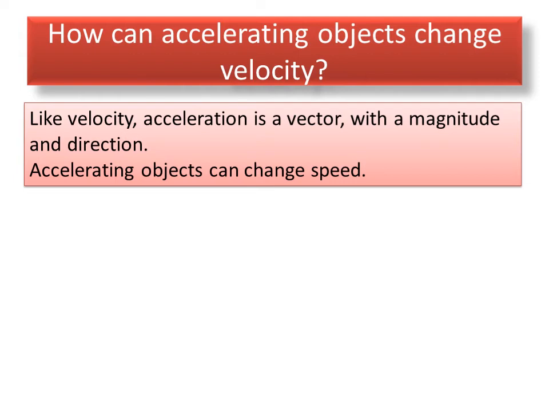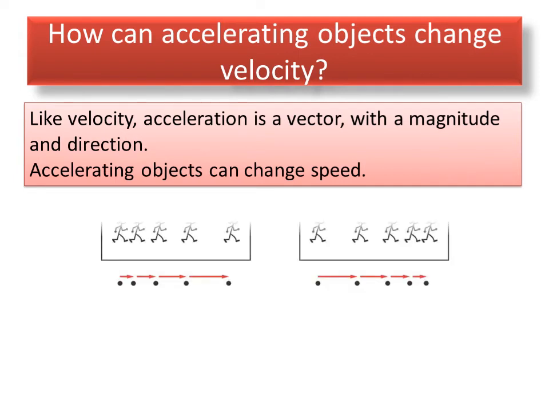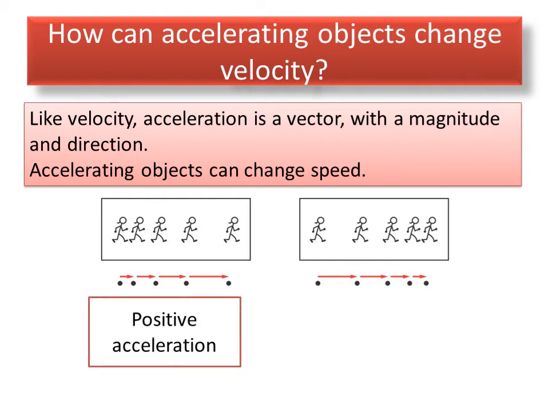Accelerating objects can change speed. So for the person moving in the picture on the left, you can see that he's speeding up. It is represented by a vector that is getting longer. Since he is speeding up, we call it positive acceleration.